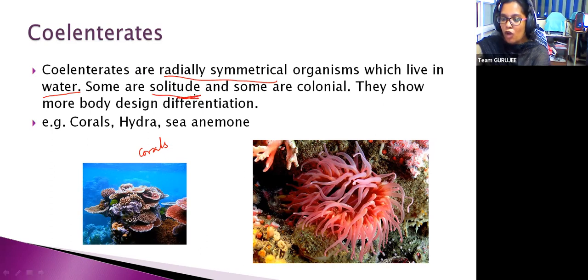Some are solitary, which means they live in a separate area and won't mingle with others. But some are colonial, which means a group. Either they live separately and alone, or they live as a group.